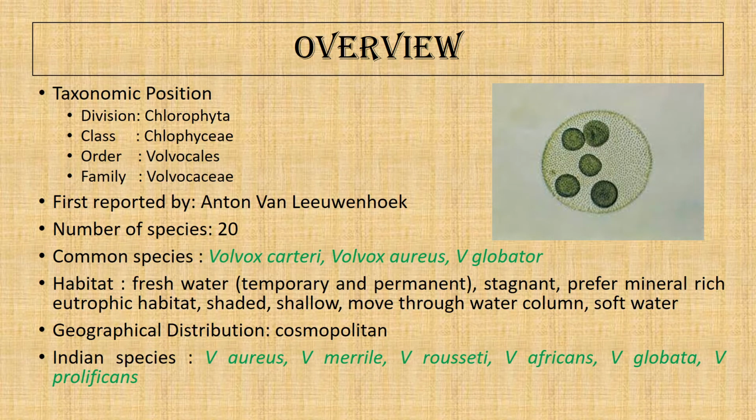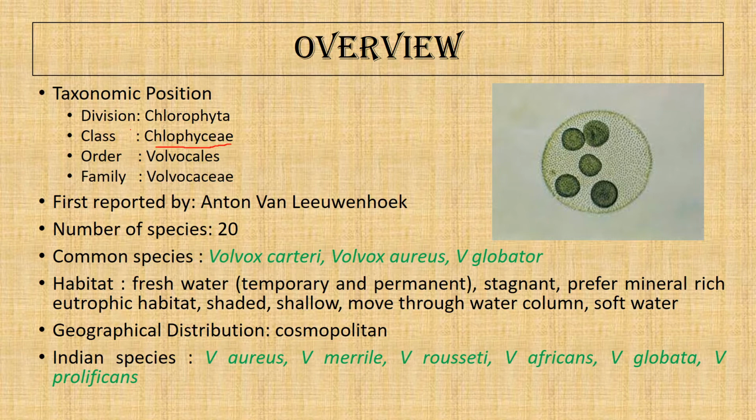Taxonomic position of Volvox. Volvox belongs to the division Chlorophyta, class Chlorophyceae. All the Chlorophyceae are green algae.